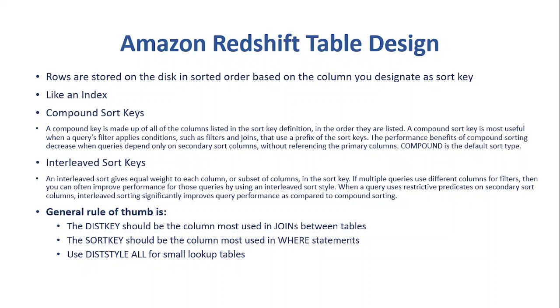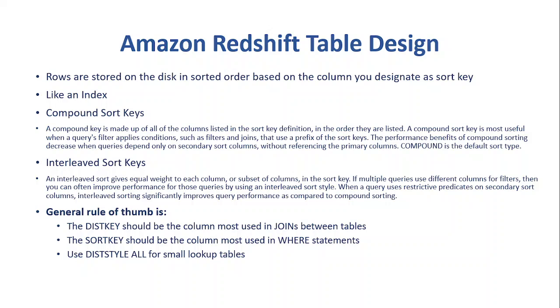Here is a general rule of thumb. That's how I follow it, but it's not necessarily something you have to do. I found that in 80% of situations it has worked pretty well. The dist key should be the column used most in the joins between two tables. I personally use a column as a dist key whenever it is used a lot in joins.